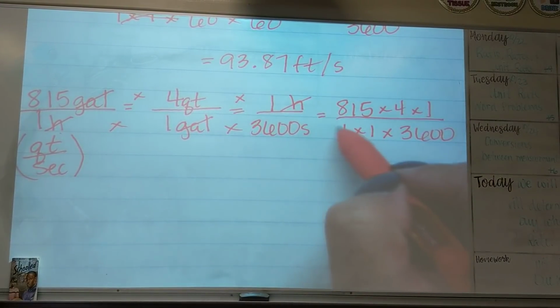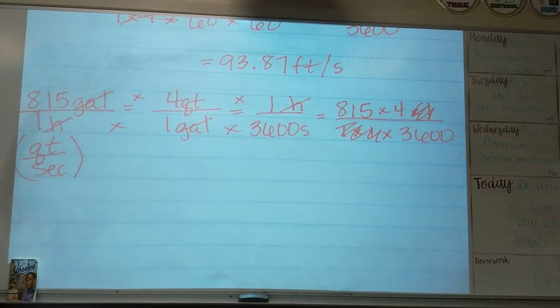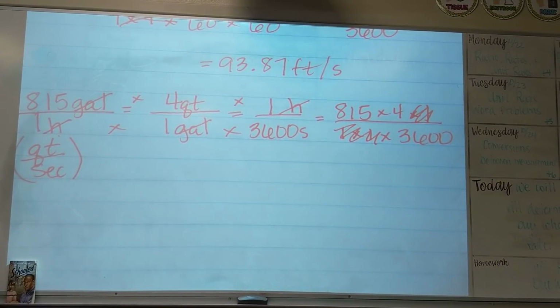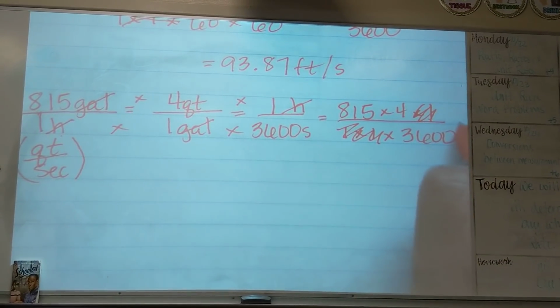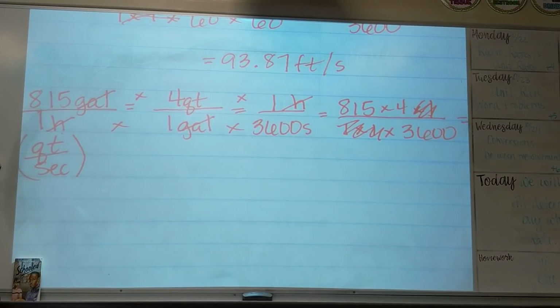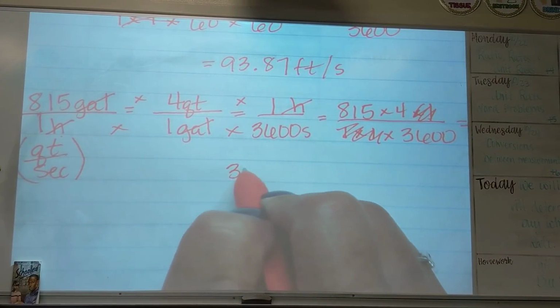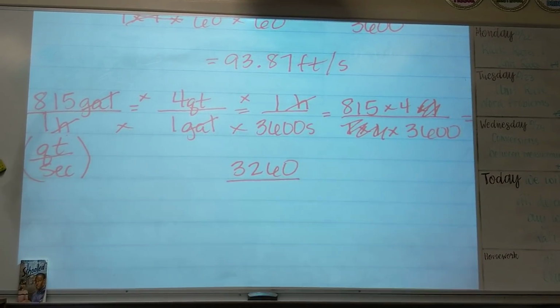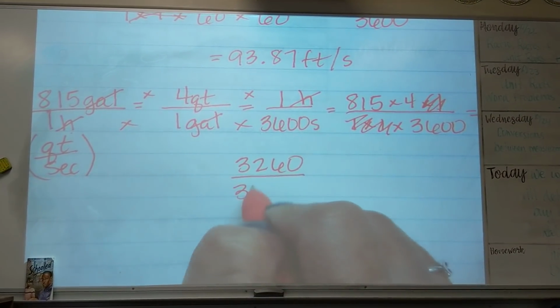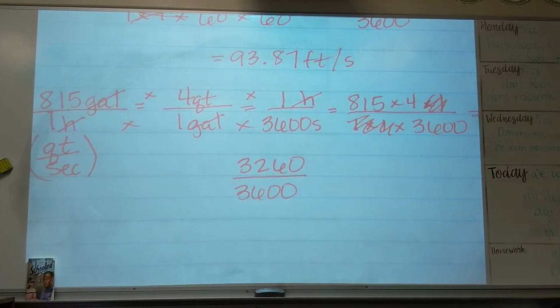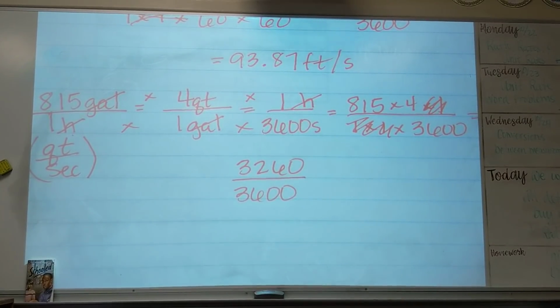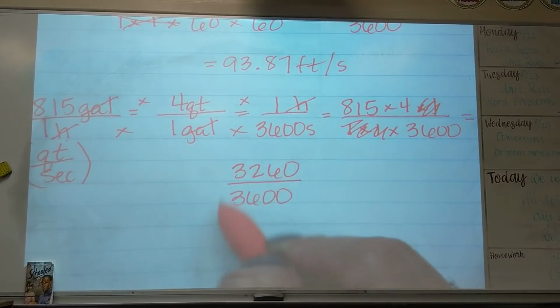Okay, so I can just get rid of my ones, that's just extra stuff. Okay, so when I multiply straight across, so I have 815 times 4, we get 3,260 divided by my 3,600. Okay, any questions on how I got this ratio?